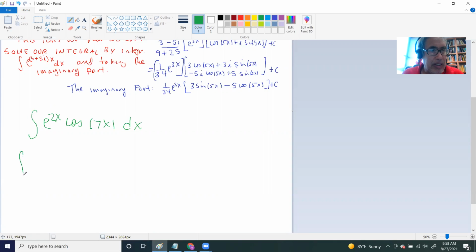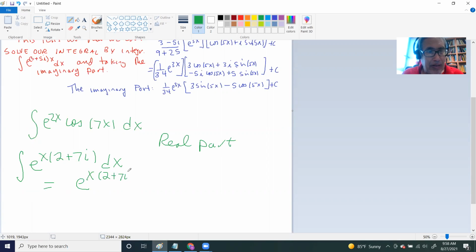We look at the integral of e to the (2 plus 7i)x, and we look at the real part of our answer. This, of course, the integration is a piece of cake. There's our answer.